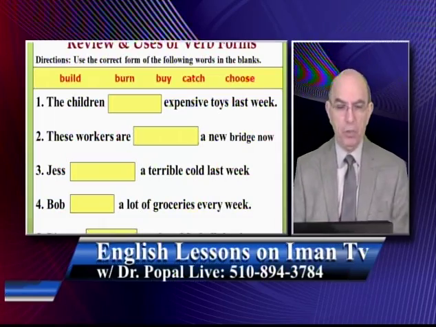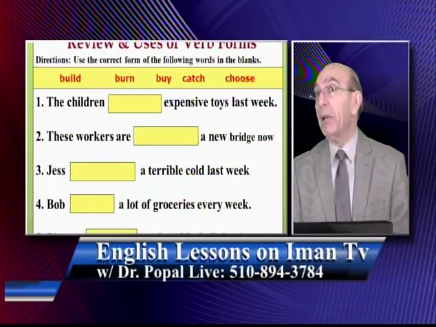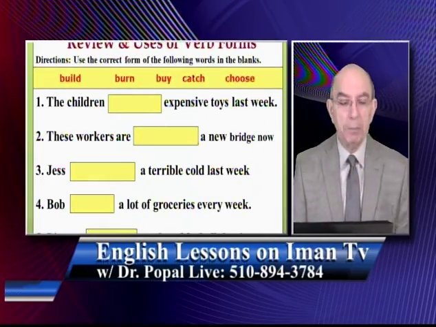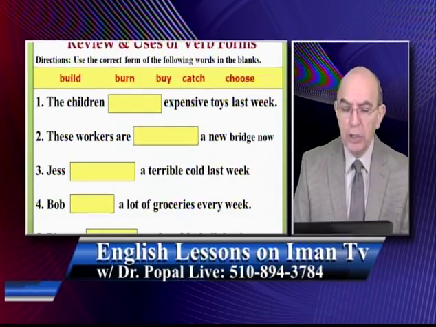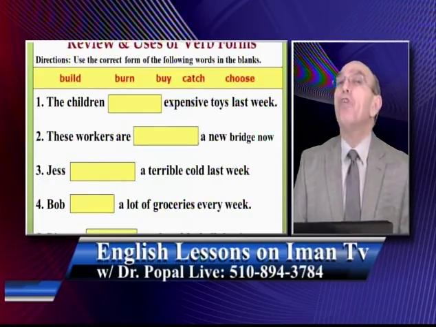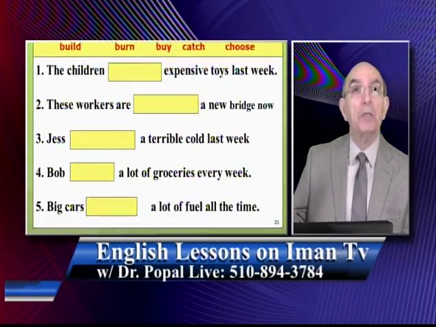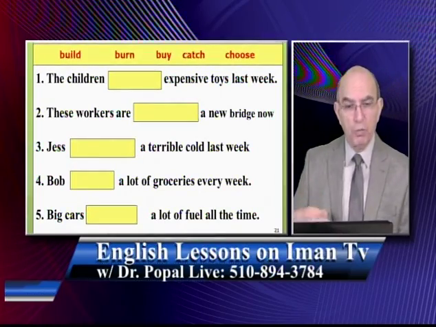In the next page, what we have is 5 words and 5 blank spaces. So you need to know the meaning of each word and then the meaning of the words in the sentences and then decide which word is used in what blank and also decide which form of the verb. The present form, the past form, the present progressive form, the past progressive form, or the used to form.